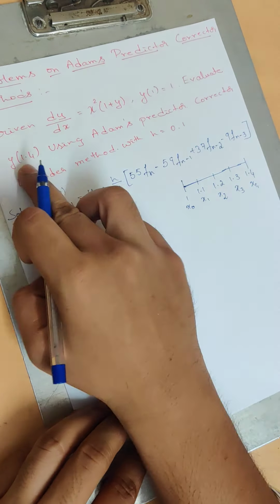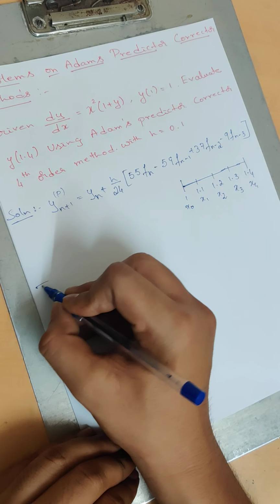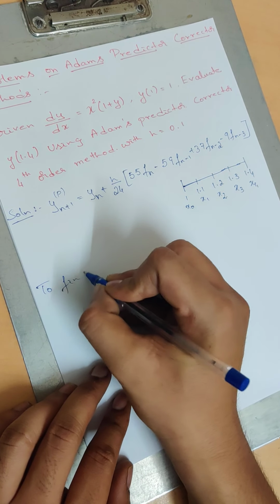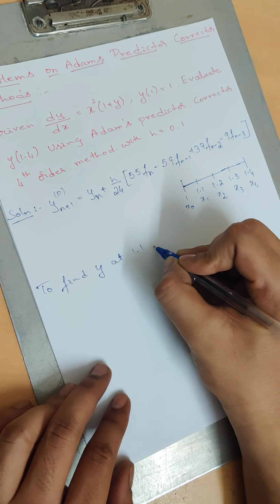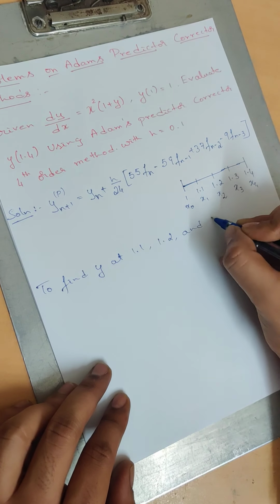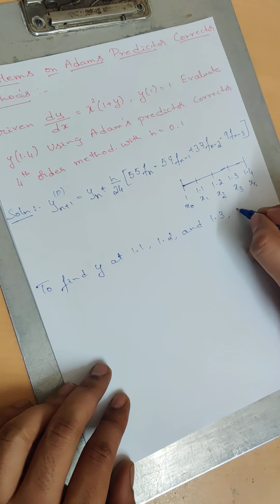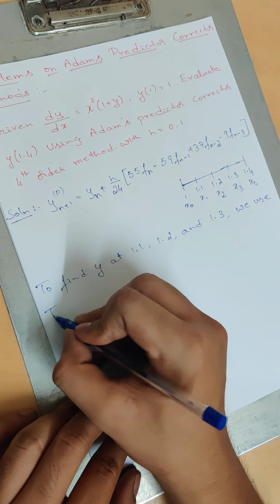So you are supposed to find out y at this point. So to find y at 1.1, 1.2 and 1.3, we use Taylor series method here.